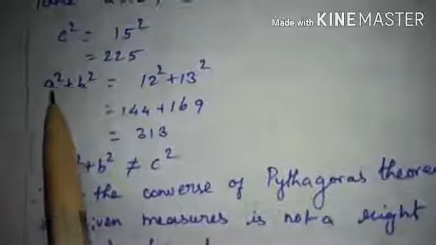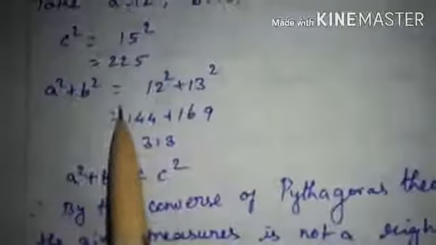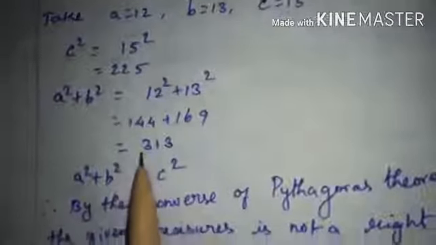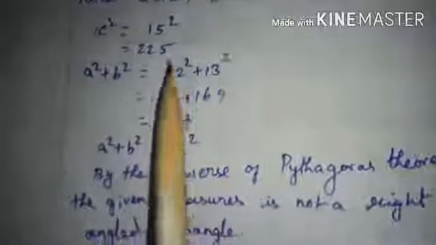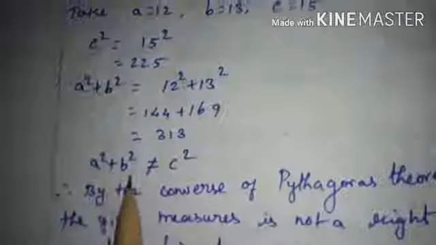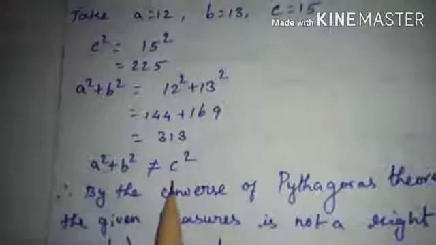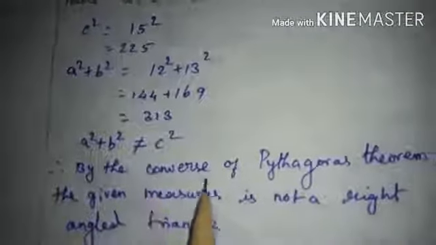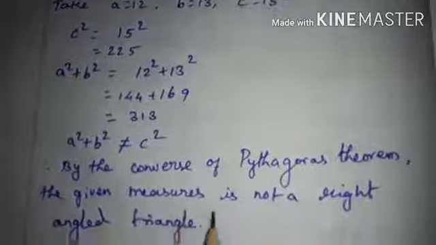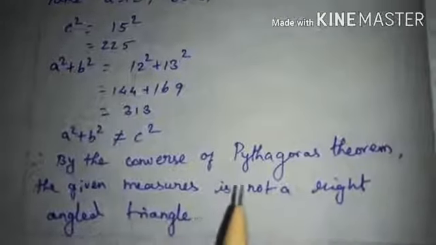The sum of the other two sides, that is a square plus b square equals 12 square plus 13 square, and we get the answer as 313. This is not equal to 225. That is, a square plus b square is not equal to c square. Therefore, again by the converse of Pythagoras theorem, the given measure is not a right angle triangle.